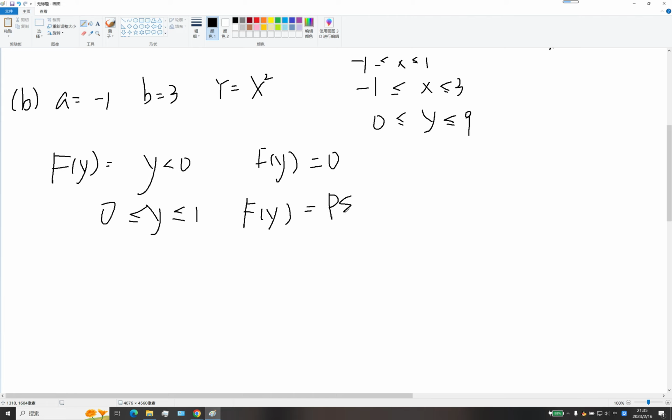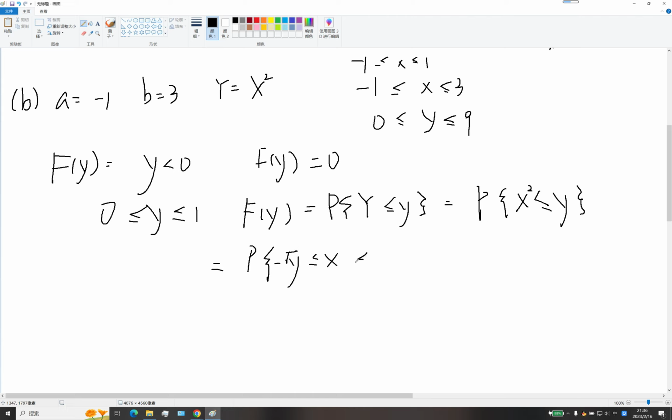equals P(Y less than y), which means P(X squared less than y), and equals P(negative root of y less than X less than root of y), because it has two roots, so it is larger than this and smaller than this.